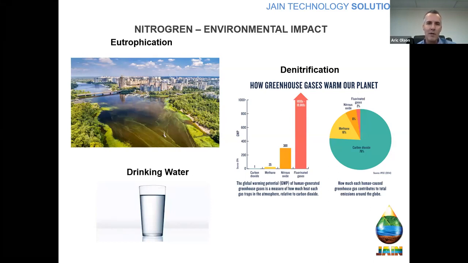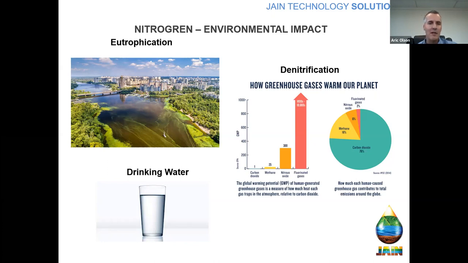While you can see on the chart it's a small amount that's coming out, nitrous oxide is a really potent greenhouse gas. So again, we need to get the irrigation right and not overwater, and get the fertilizer application right, and then you won't create nitrous oxide.